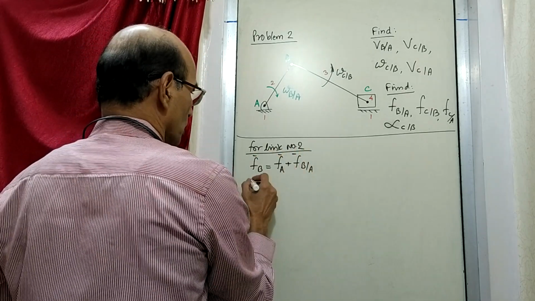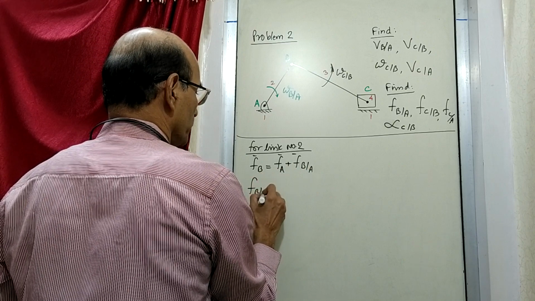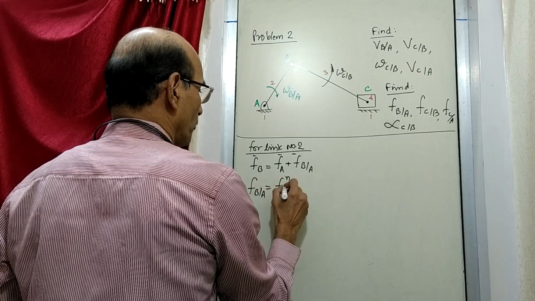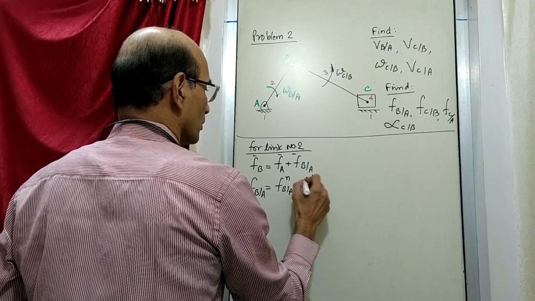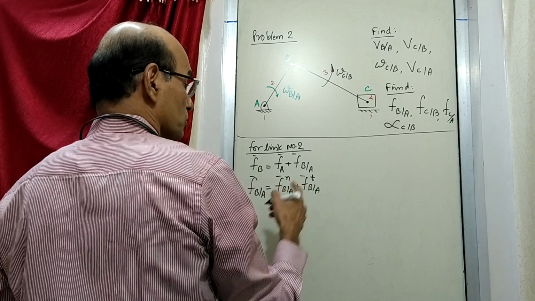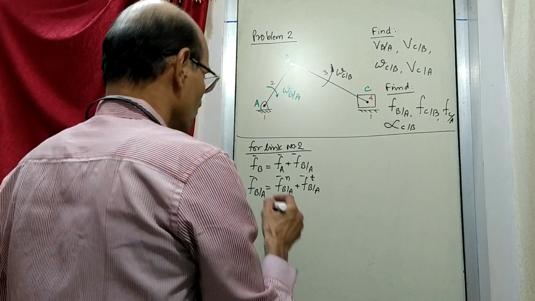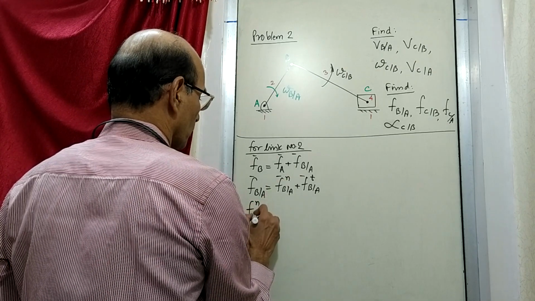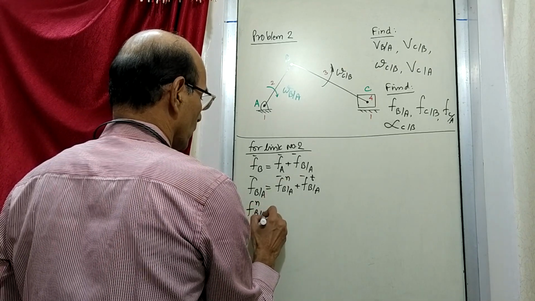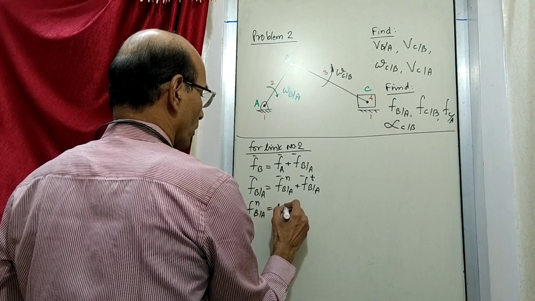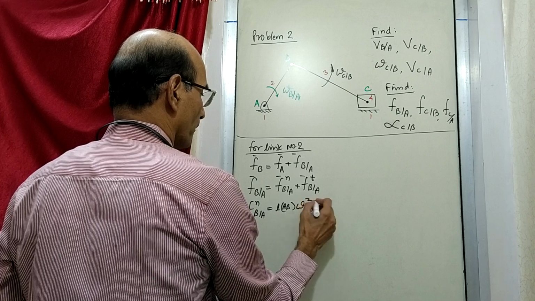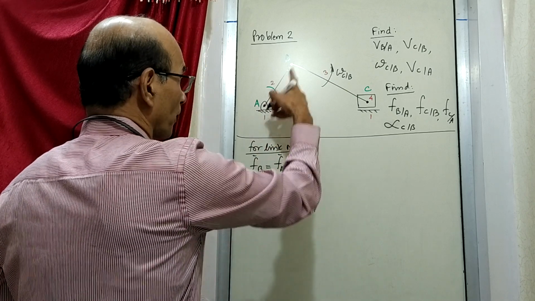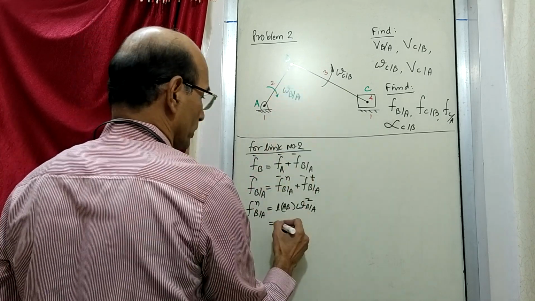Now out of that, this term, acceleration of B relative to A, is made up of two vectors like this. One is normal, one is tangential. Out of that, the normal component is r omega square. And this you can find out because r is there, omega is also there.